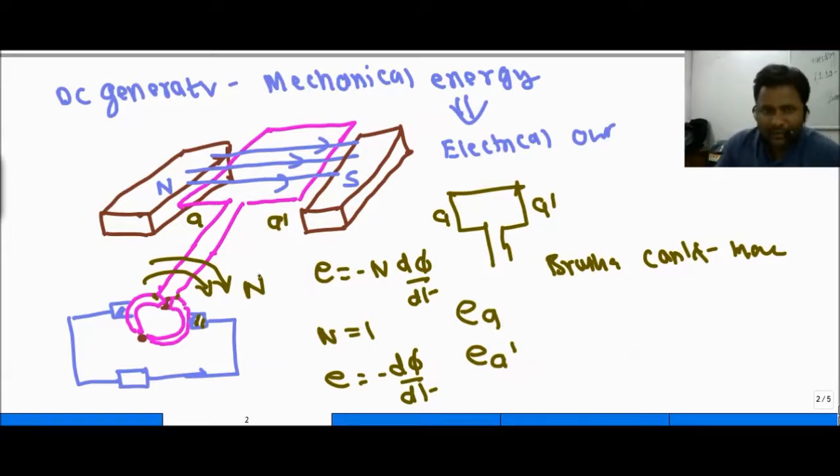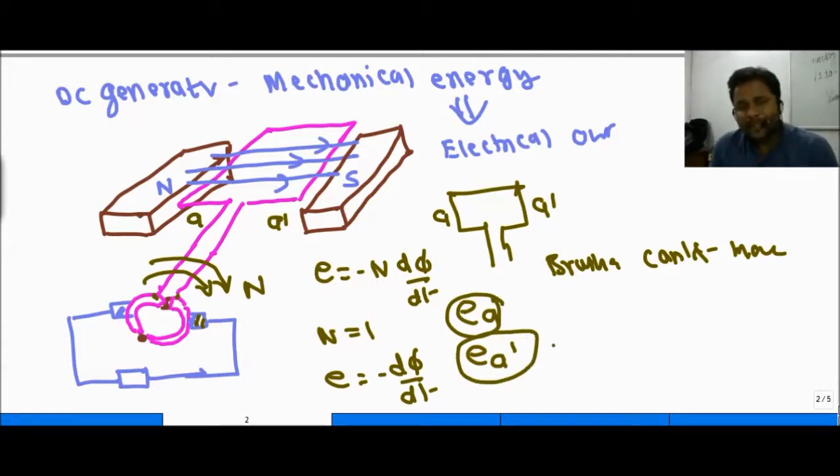So we can move forward: in a constant magnetic field the coil is rotating, and the coil having two conductors A and A dash generates induced EMF EA and EA dash. Now we have to determine the direction of this induced EMF in the coil. It's a thumb rule.